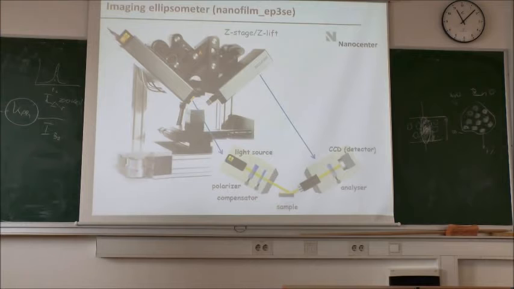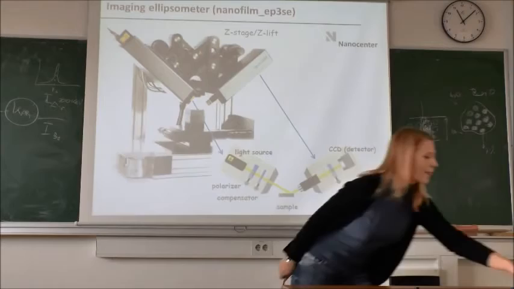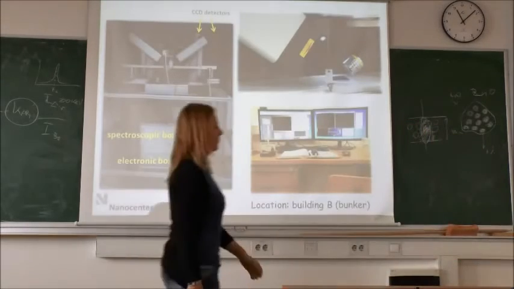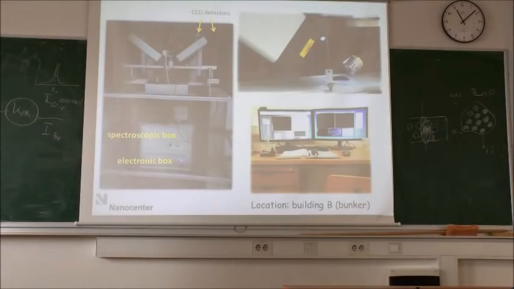The compensator is also a very important element because it is used to shift the phase of one component of incident light, and in this way the linearly polarized light is transformed to circularly or elliptically polarized light. Here are some additional photos of this equipment.